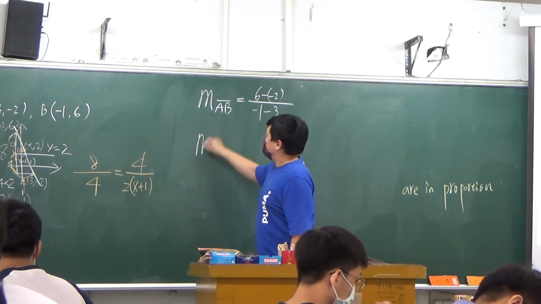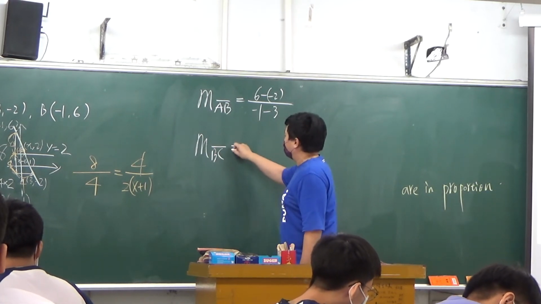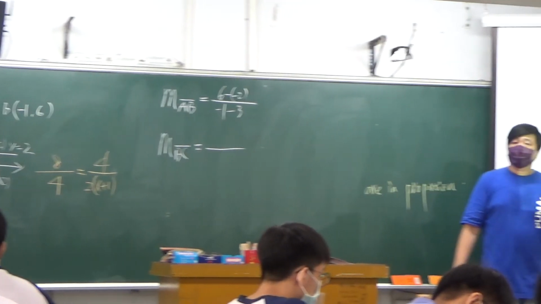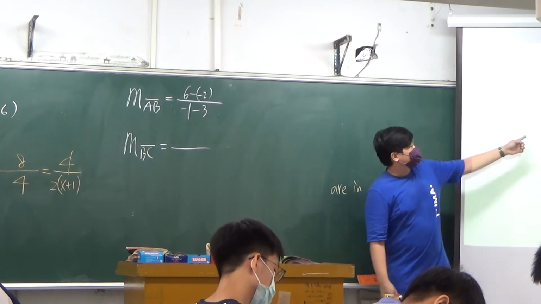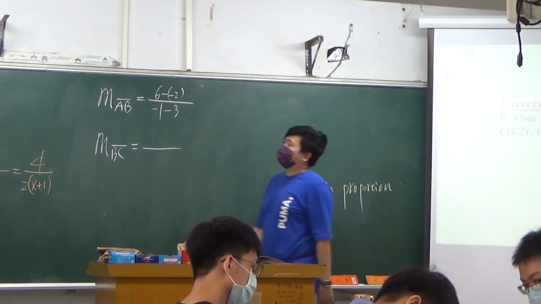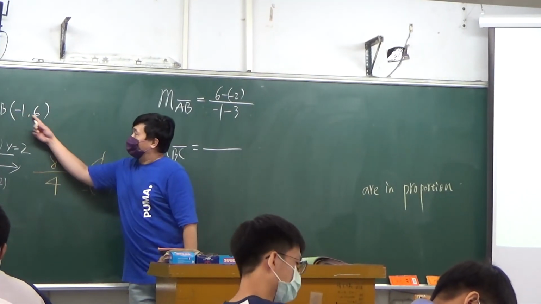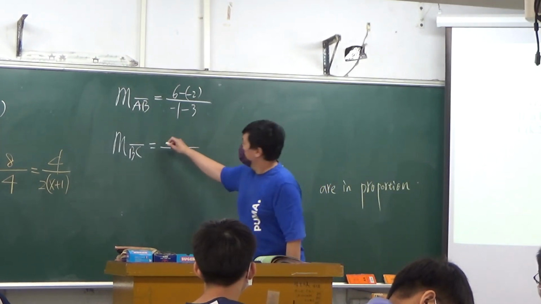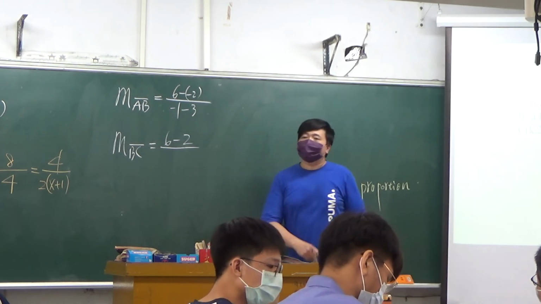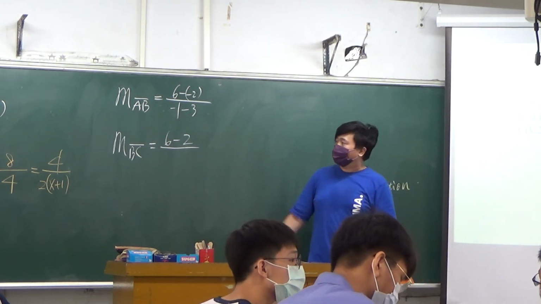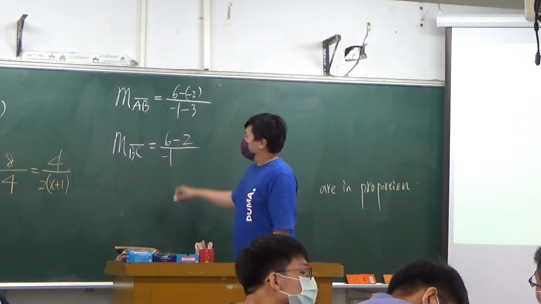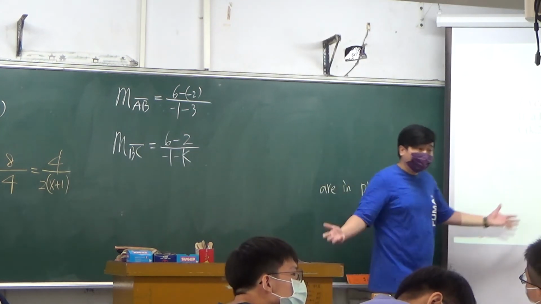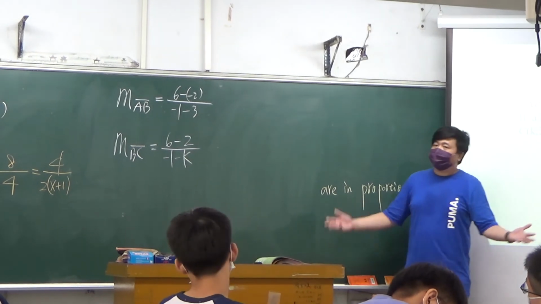If we use point C and point B, C is (k, 2), B is (-1, 6), so the slope is (6 minus 2) over (-1 minus k), right? The definition of the slope.